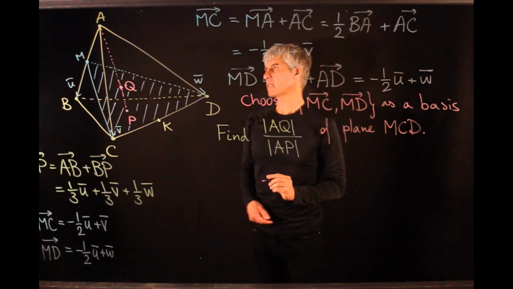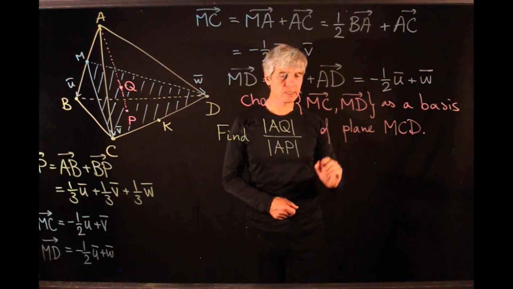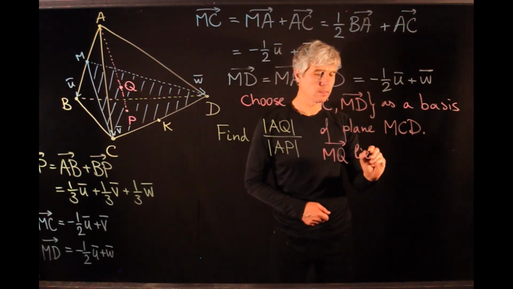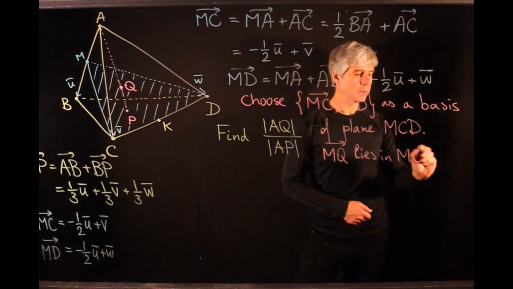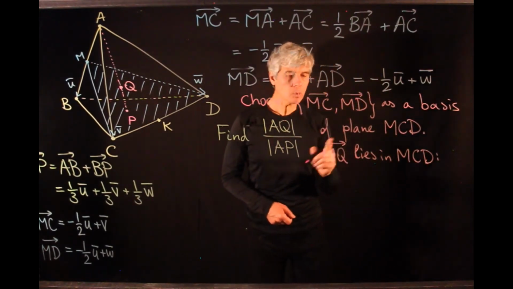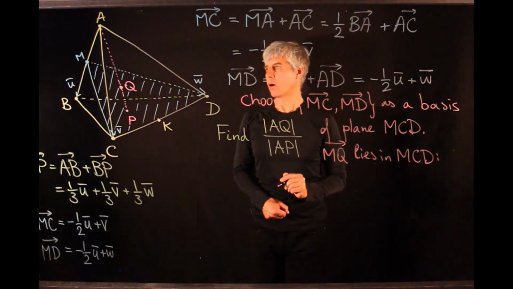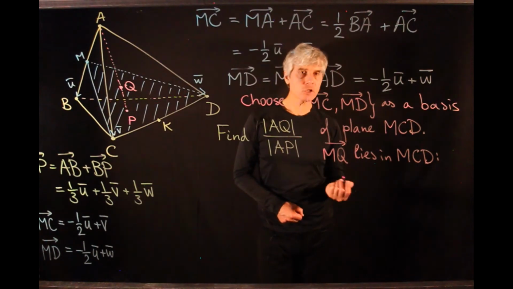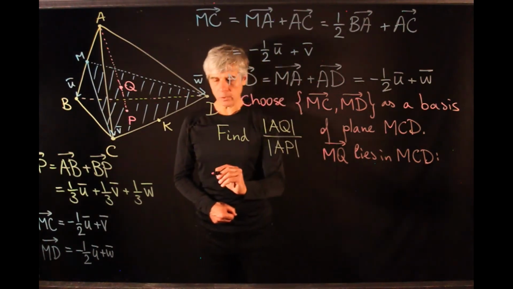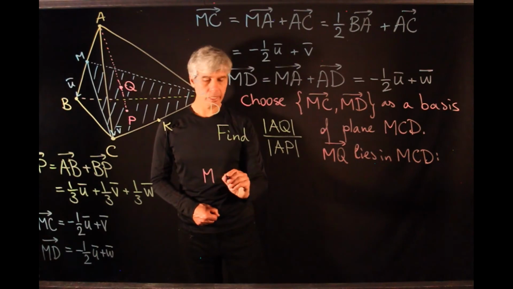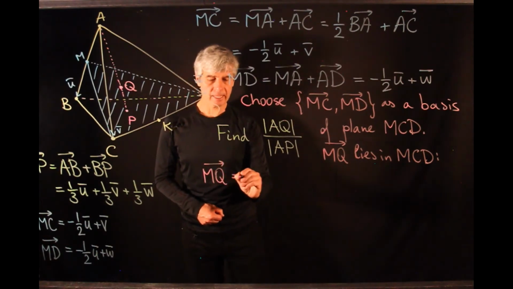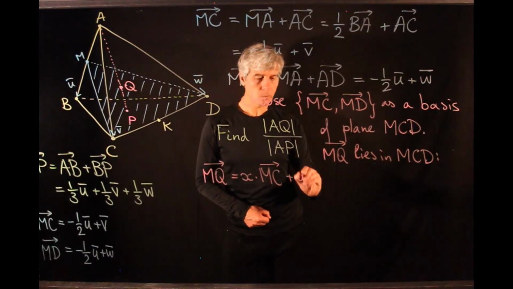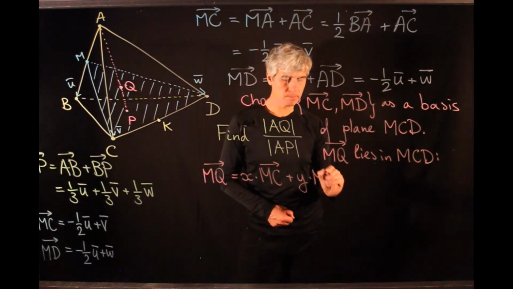And now, since the vector MQ lies in this plane, we can express MQ as a linear combination of basis vectors of this plane. But we don't know the coefficients of this linear combination, so we're going to write it with unknowns. So we're going to write MQ as X times MC plus Y times MD.